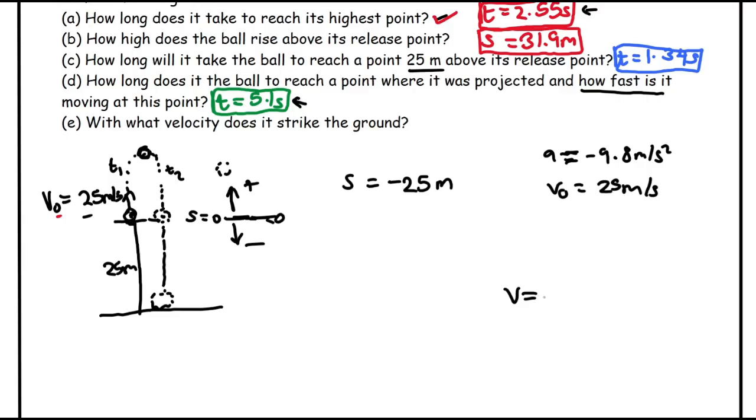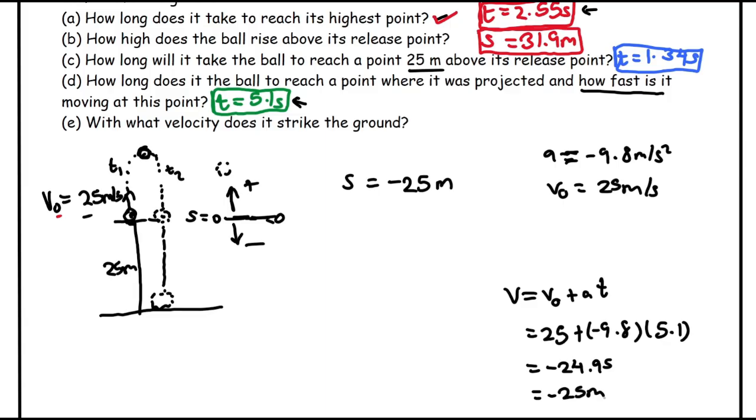So we'll use v equals v naught plus at, the initial velocity 25, acceleration negative 9.8, and the time 5.1 seconds. If we punch all this in, we'll get about negative 24.95, which is approximately equal to negative 25 meters per second.